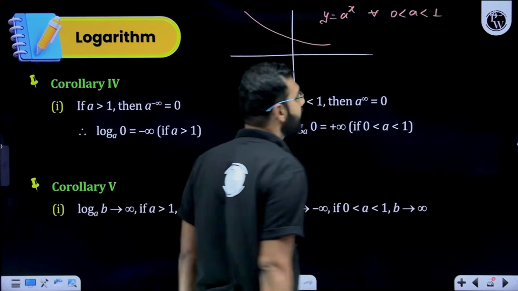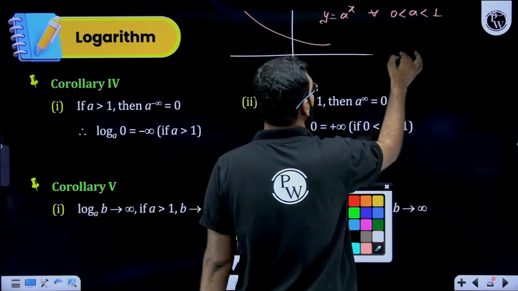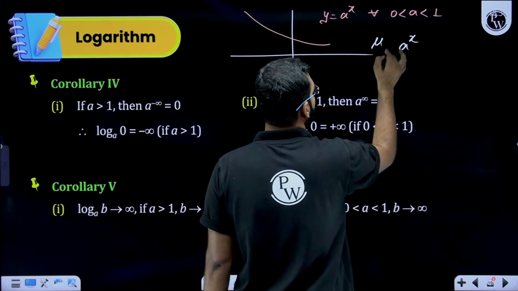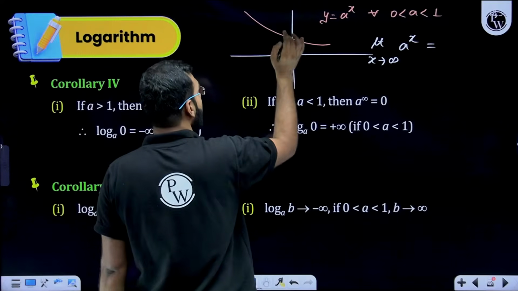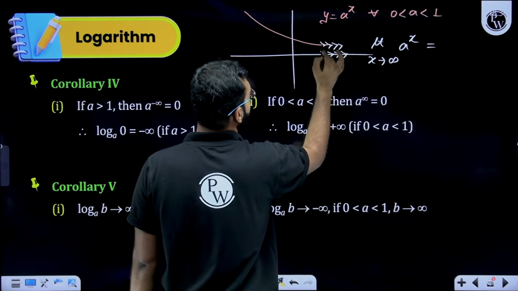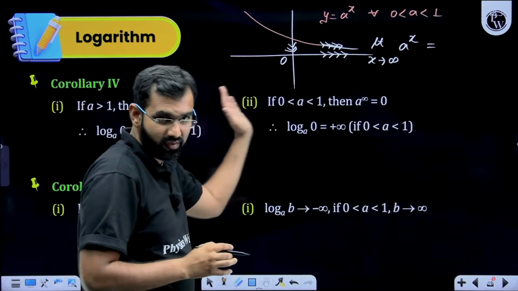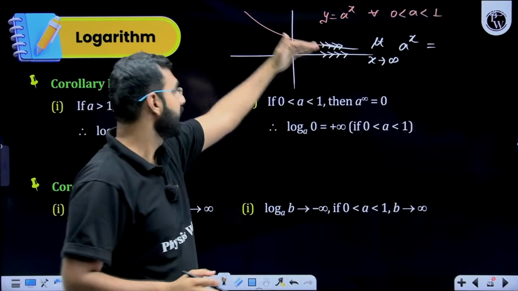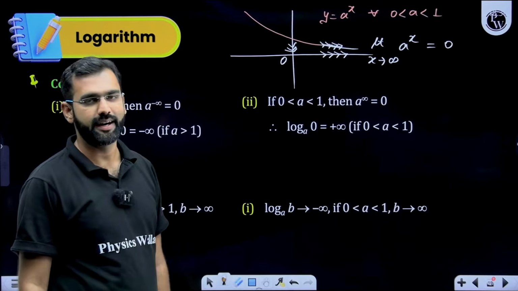I hope you are clearly getting the case now. In this case, when a to the power x is being talked about, if x is approaching infinity, what will happen? I can see this curve is going down, down, down like this, and approaching 0. So when x goes towards infinity, a to the power x approaches 0. Are you clearly understanding this part?